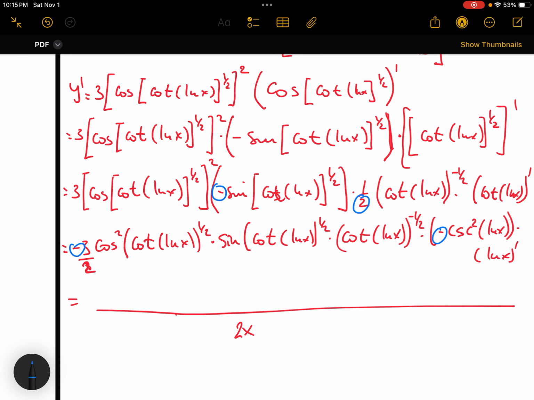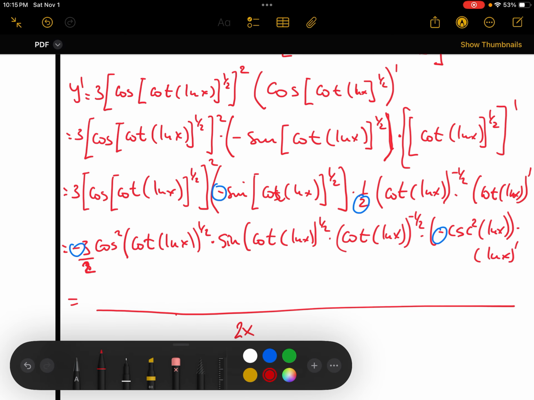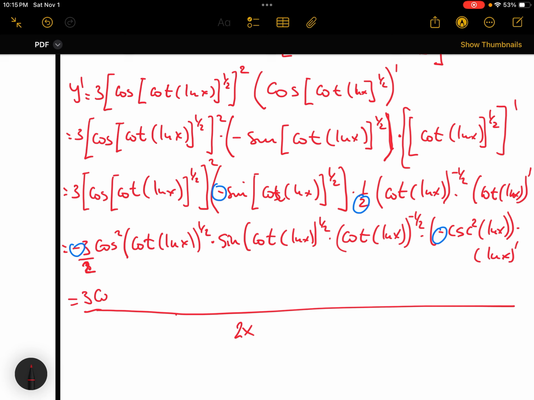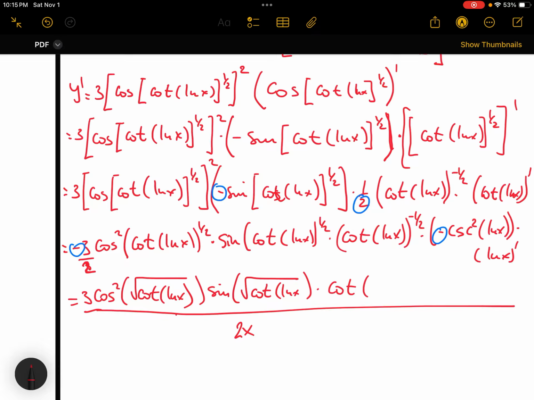This minus and this minus, they cancel each other out. So I have 3 times cosine squared of square root of cotangent of ln of x times sine of square root of cotangent of ln of x times cotangent of ln of x to power negative 1/2 times cosecant squared of ln of x.